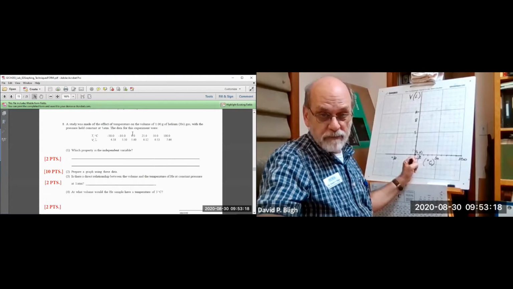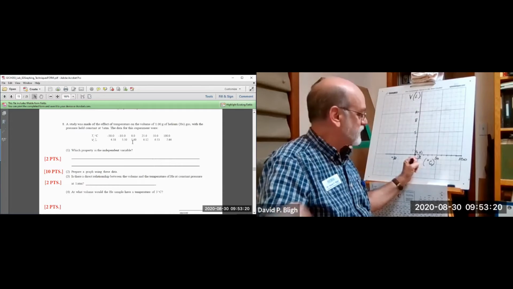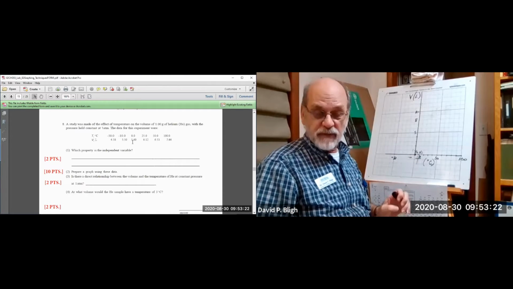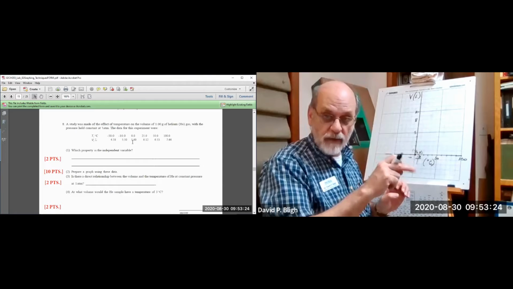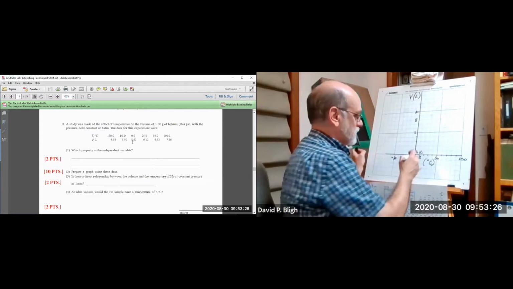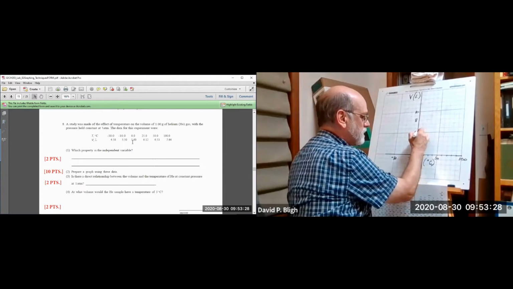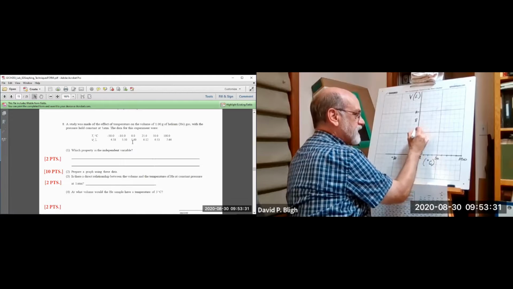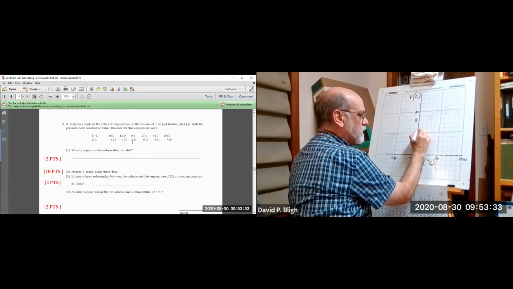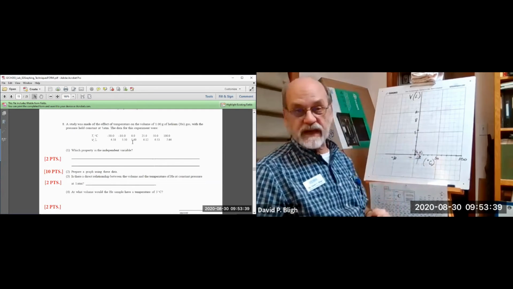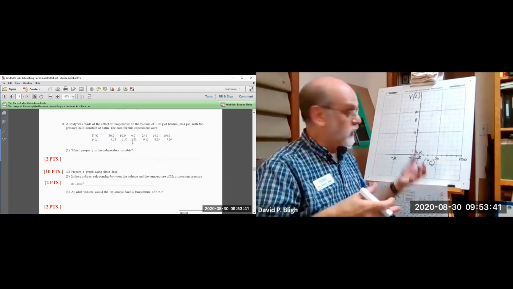And then we're going to go up the y-axis to 5.6. So this data point is going to be 0, 5.60. So there's 5. This is 6, so it's going to be a little over 6, right in here. That's our first data point that we've put on the graph.